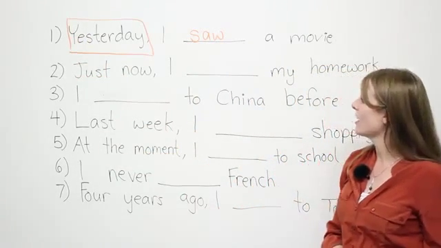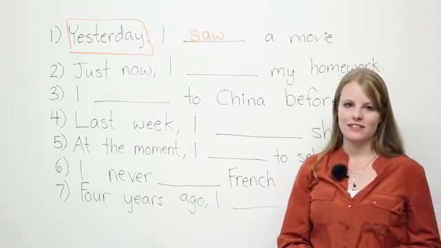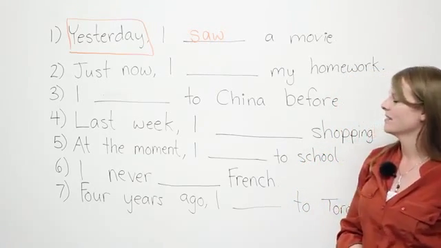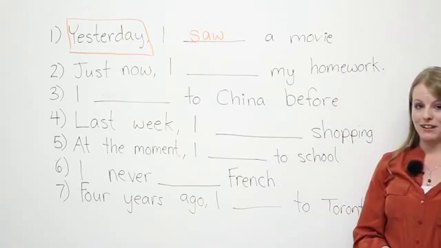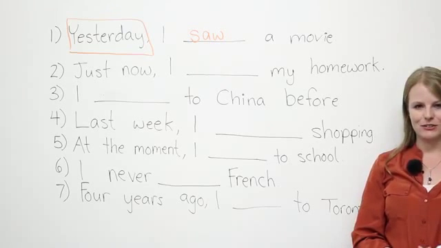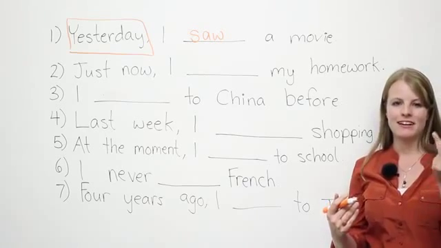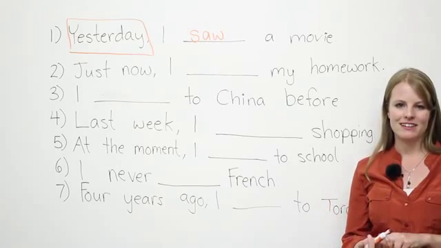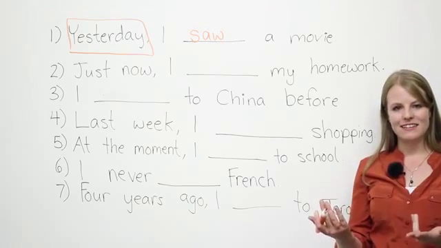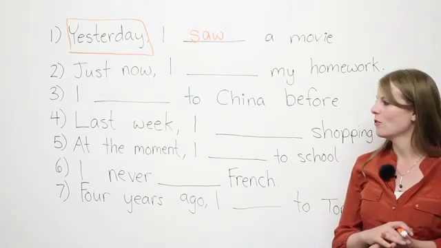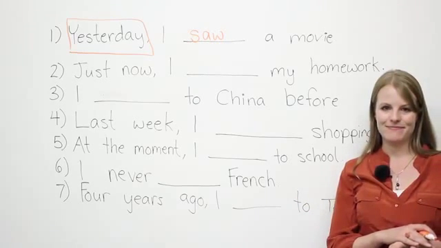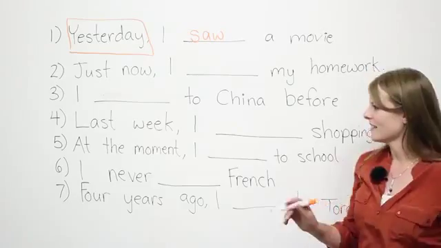Okay, so let's try number 2. Just now, my homework. So we can say, do my homework, did my homework, have done my homework. Do you think this is an example of simple past or something else? Let's see.